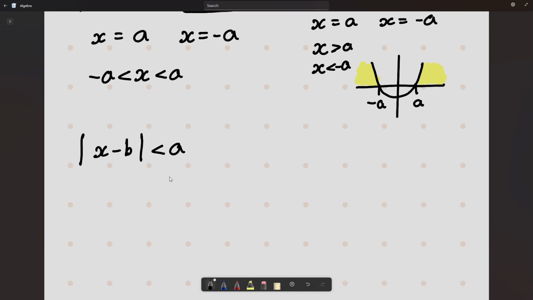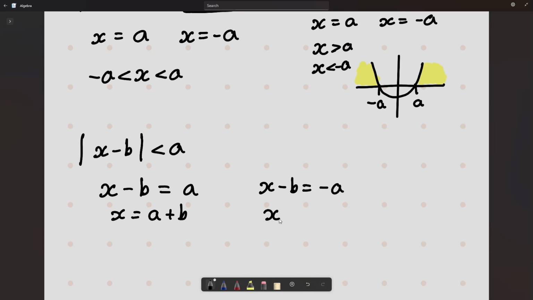Well, quite simply, you just treat this as a separate equation. x minus b is equal to A and x minus b is equal to negative A. You're going to get x is equal to A plus b and x is equal to b minus A, which now you're just going to get x is less than A plus b and greater than b minus A. That's it.